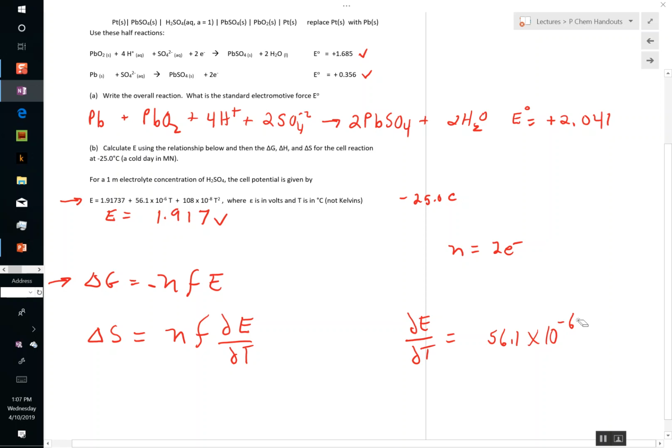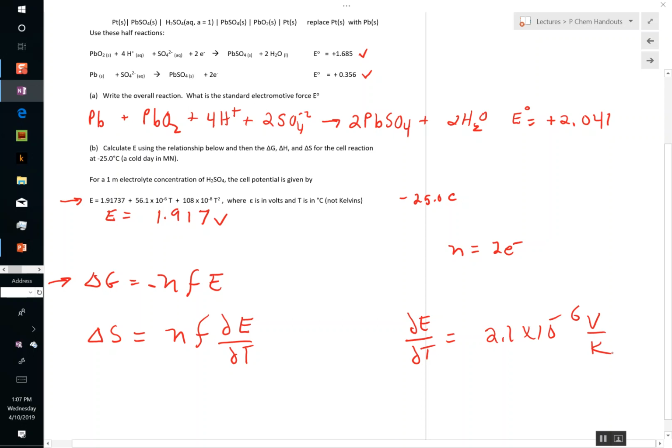Okay, so what did you get? What is the change in E with respect to T? When T equals negative 25, the derivative equals 2.1 times 10 to the negative 6. And that is like volts per degree K, right? Yeah.